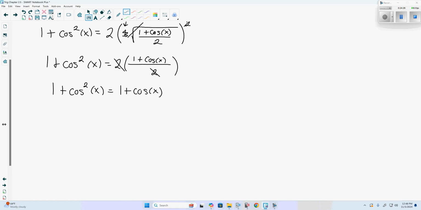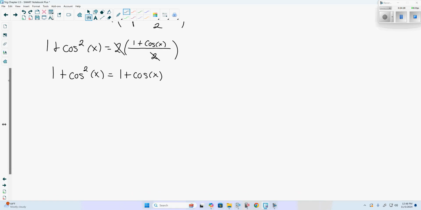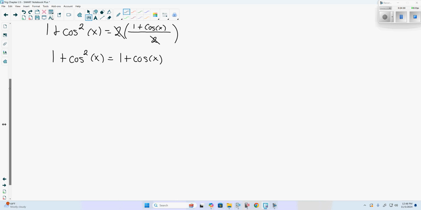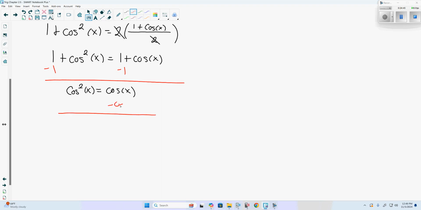Okay. Now at this point, we need to get this equation equal to 0. The first thing we can do is subtract 1 from both sides, telling us that cosine squared of x is equal to cosine of x. Then we can subtract cosine of x from both sides. On the right-hand side, cosine of x minus cosine of x is indeed 0.